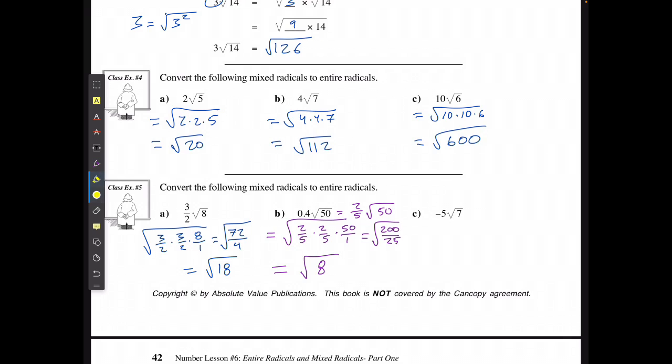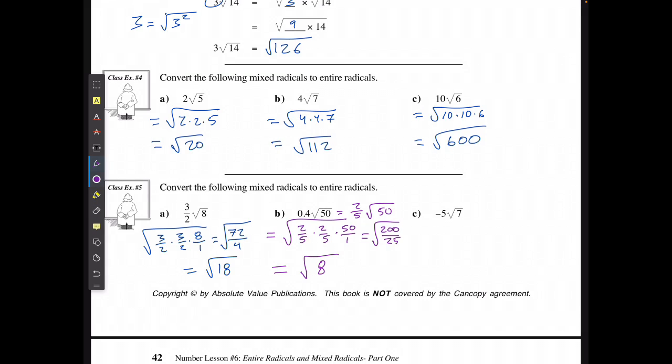One thing I have to be careful of is if I have a negative in the coefficient. If it is an odd index, I can move it inside. But if it's an even index, it doesn't work. I can't move a negative inside of a radical. So anytime it is a negative coefficient, it is not going to be the principal square root.